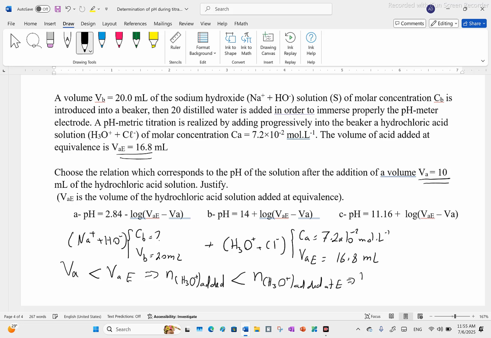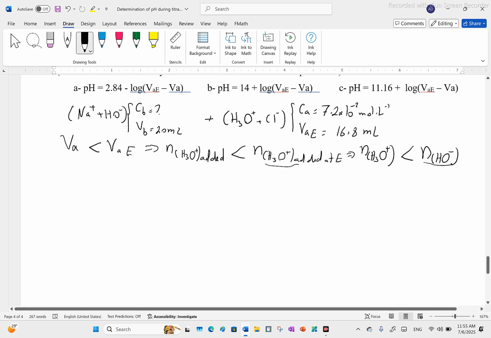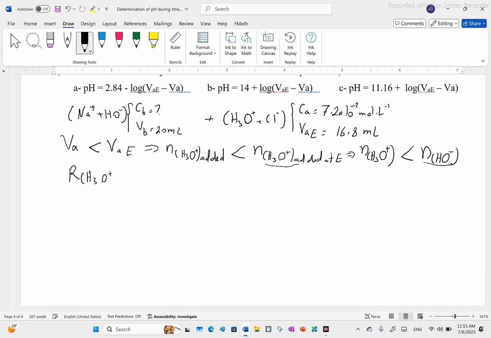That means the number of moles of H3O+ added is less than the number of moles of HO− introduced, since at equivalence the number of moles of H3O+ added equals the number of moles of HO− introduced. Now, the ratio of H3O+, number of moles over 1, is less than the ratio of HO−, number of moles introduced over 1.